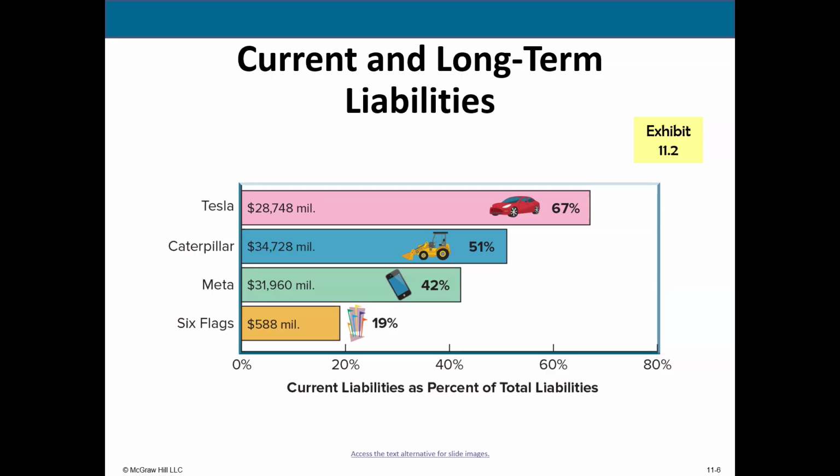Again, maybe a little high, but at the same time, we need to understand their business model. And then we see Meta and Six Flags, very typical percentages for these types of companies. But just to give you an idea of what current liabilities make up of the total liabilities for various companies and industries.